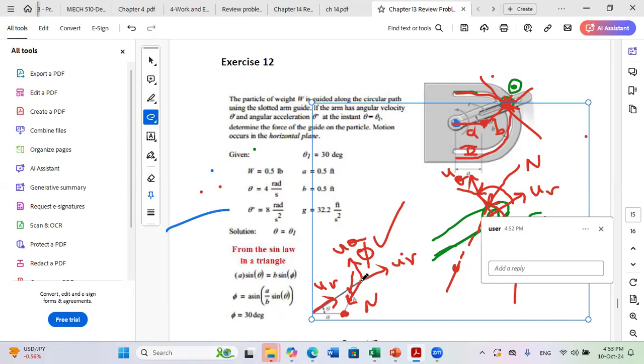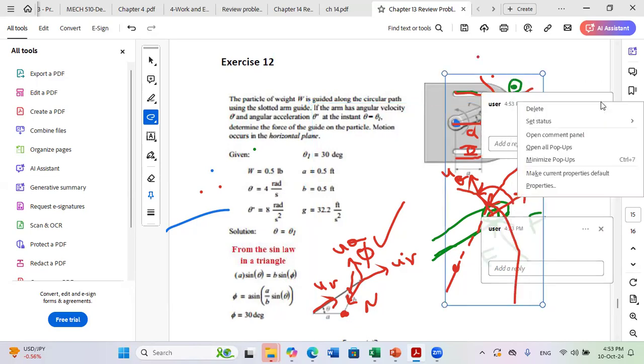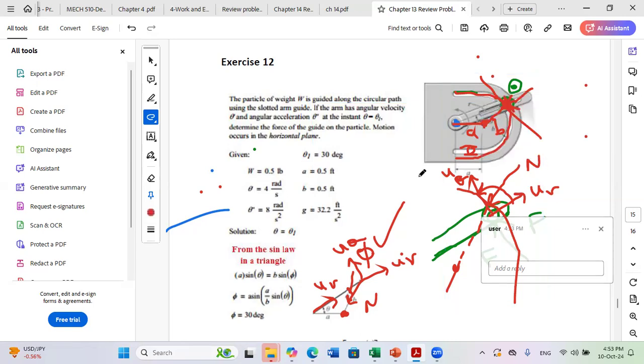Okay, so in the horizontal plane we have two forces, F and N. And in the vertical direction we have the weight and N_z, the normal component along Z. If they ask you to find the total normal, you say the total normal is decomposed into two components perpendicular to each other.